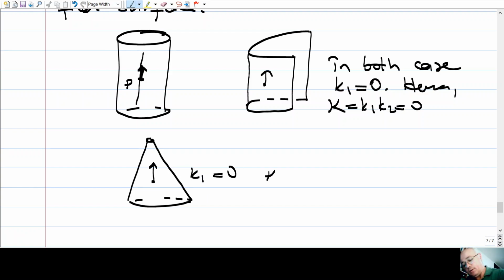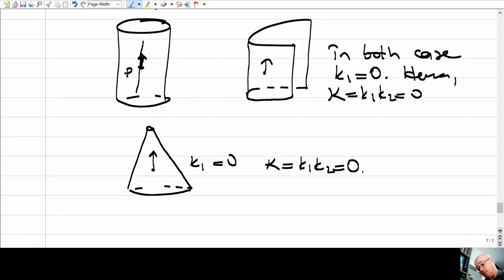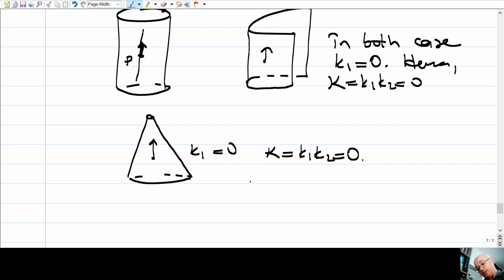And therefore, K will be 0. And again, if you cut the surface along a line like this and open it up, you will get a piece of a plane, and it is flat.